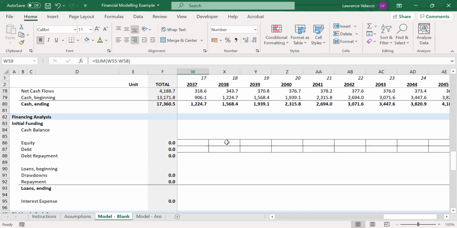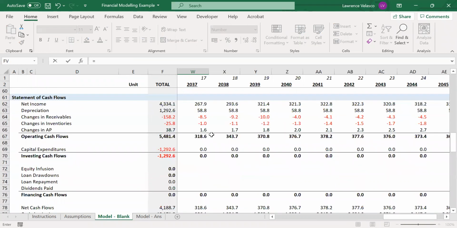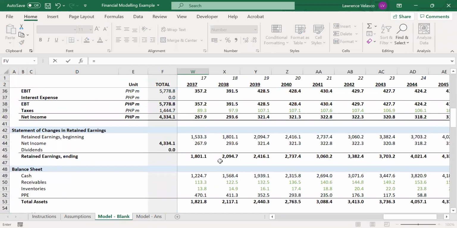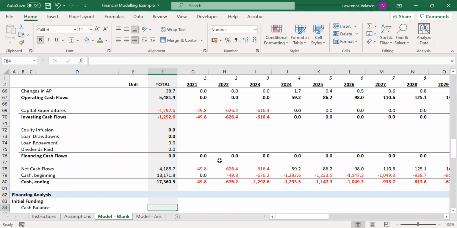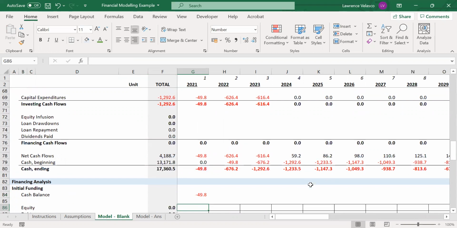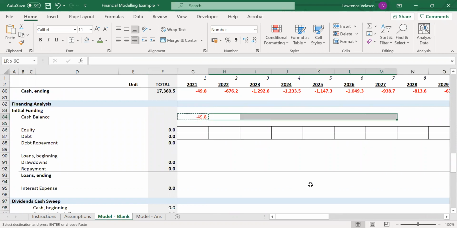So first, what I want to do is to determine the cash balance as reference. So dito may line na cash balance. Punta tayo sa pinaka-start. May line na cash balance. Gusto ko siyang i-connect dito para lang I know or I see how much cash balance should I finance.